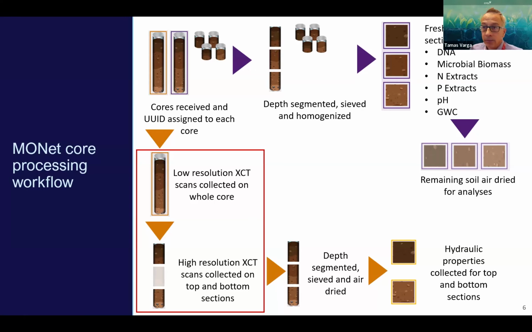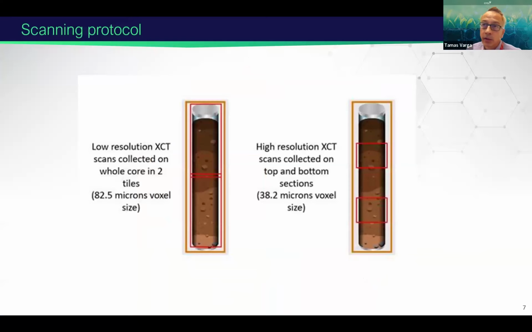Then after that, the cores get subsampled for the hydraulic property measurements. The low resolution scan is 2 scans at 82.5 micron voxel resolution. These are collected so that there is overlap between the 2 tiles so that we can merge the 2 scans into one single data set, and so get a full image of the core.